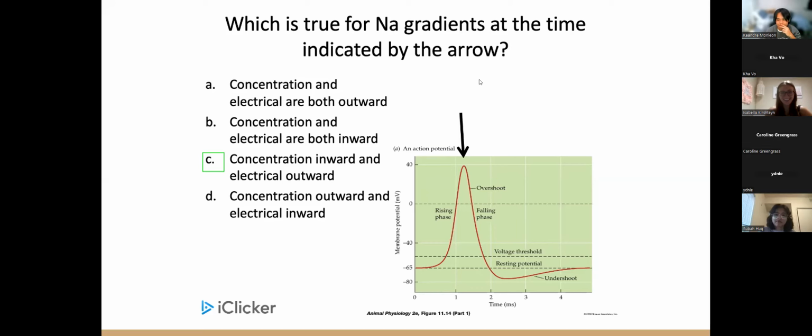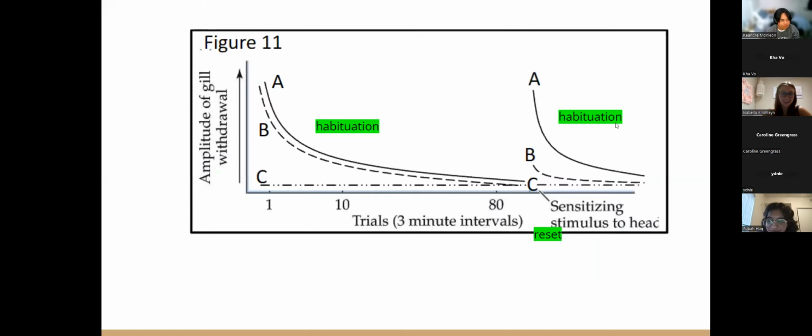Sorry, could I ask one more question relating to the last slide with the gill withdrawal? Sure, one sec, let me go there. Regarding cAMP, I know that the presynaptic neuron starts cAMP and the GPCR eventually leads to that being produced.